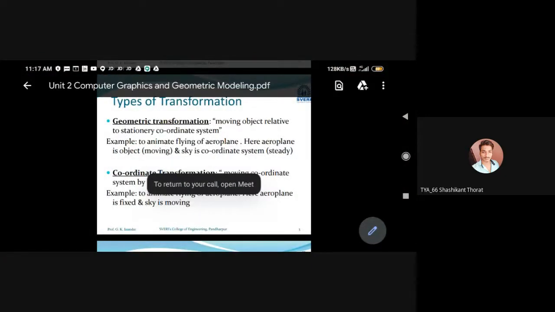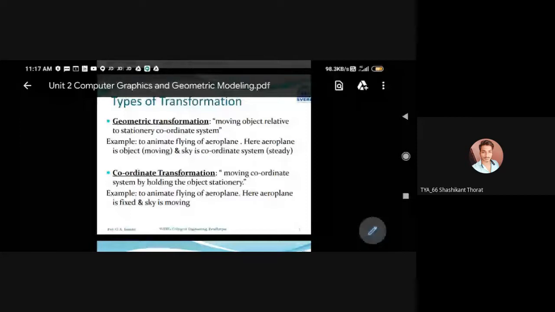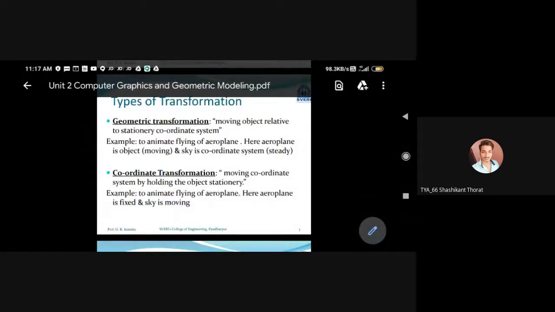Example of geometric transformation: to animate the flying of an aeroplane. Here the aeroplane is the object and the sky is the coordinate system. This is a basic thing. If you consider the first quadrant, second quadrant, x, y axis, and the entire graphic display, in the practical session we studied that graphic structure.